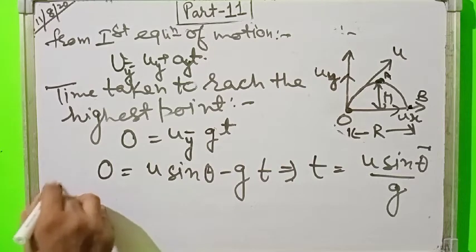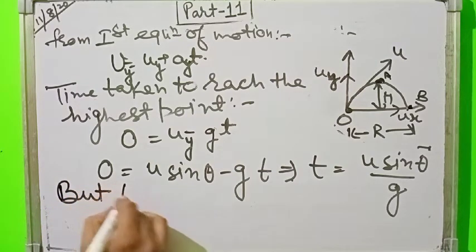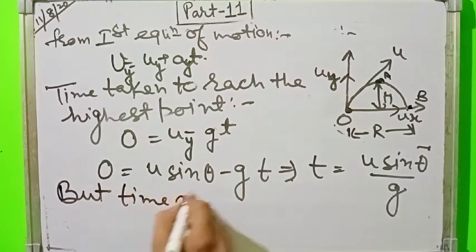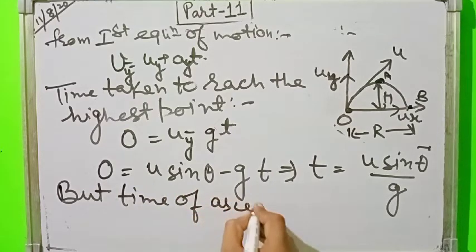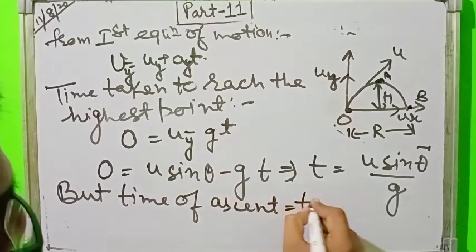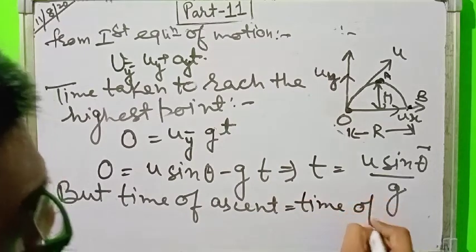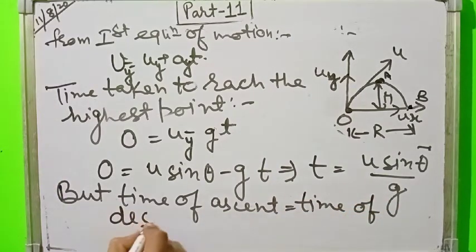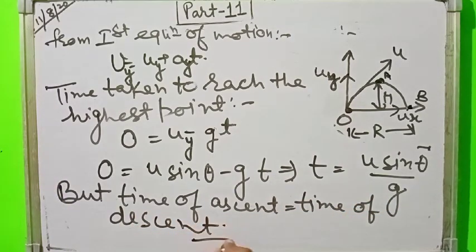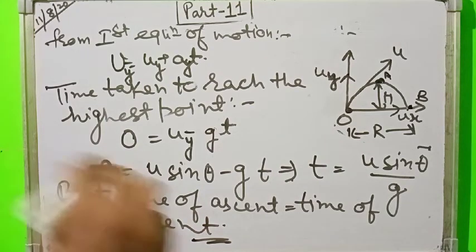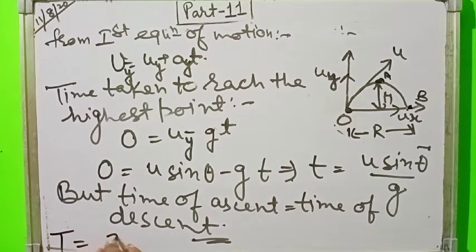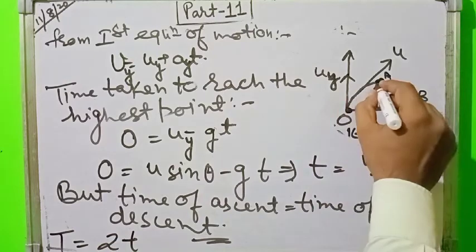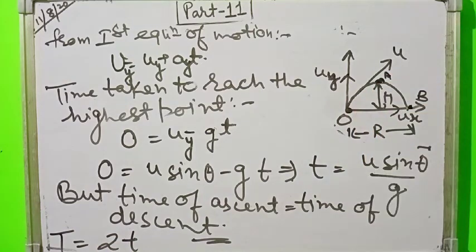But time of ascent is equal to time of descent. Both the times are equal, going up and going down, so total time is equal to twice the time to go up.